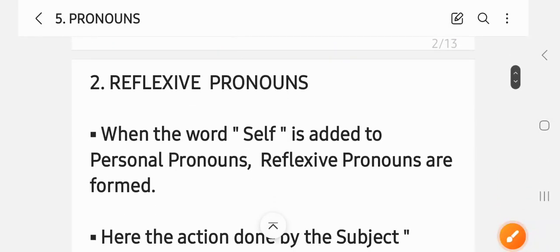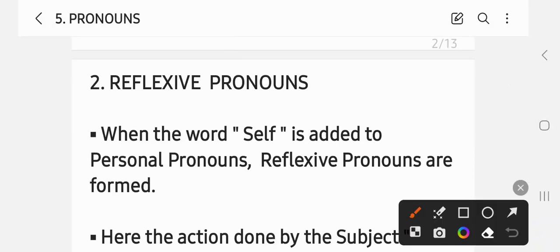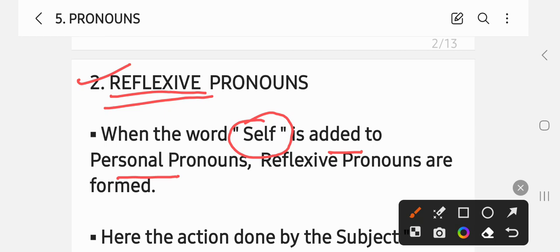The second type of pronoun is reflexive pronouns. What are reflexive pronouns? When the word self is attached to any of the personal pronouns, the pronoun becomes a reflexive pronoun. When the word self is added to personal pronouns, reflexive pronouns are formed.